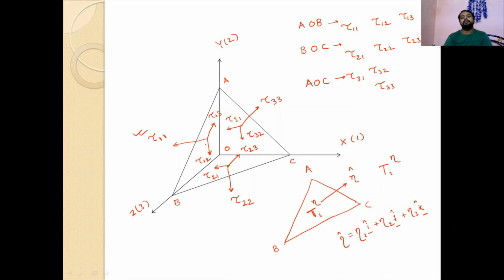Now, the magnitude of the surface area here is S. What is the surface area? It's S. S is the surface area of the general surface. In this consideration, I'm talking about the surface area.